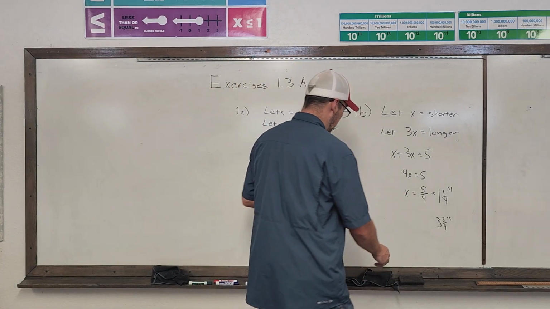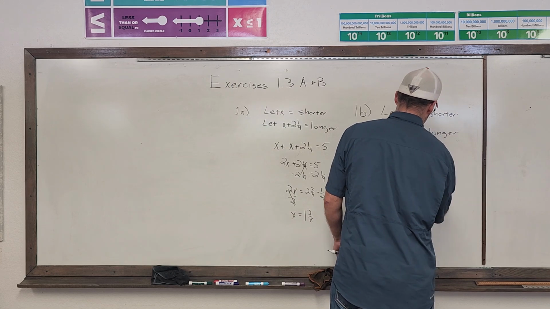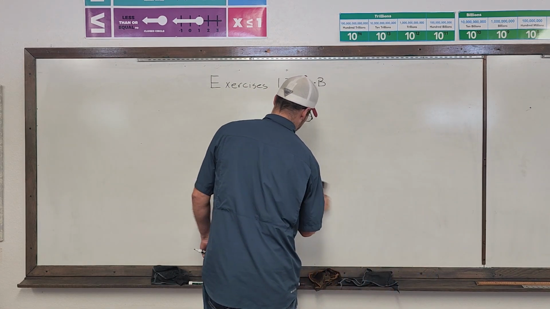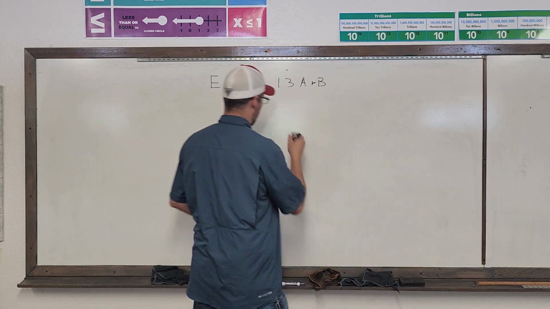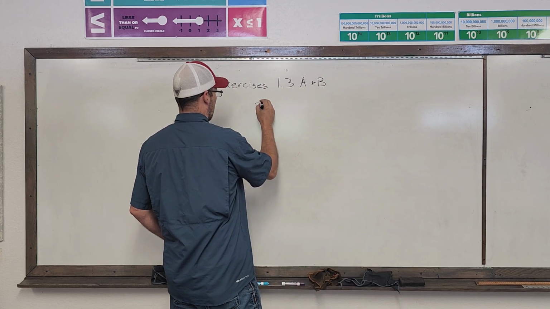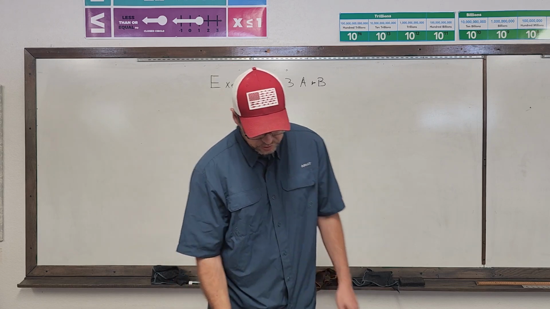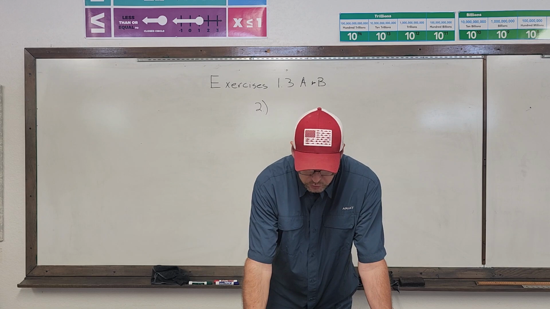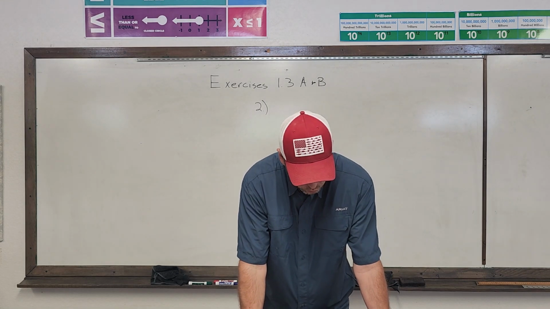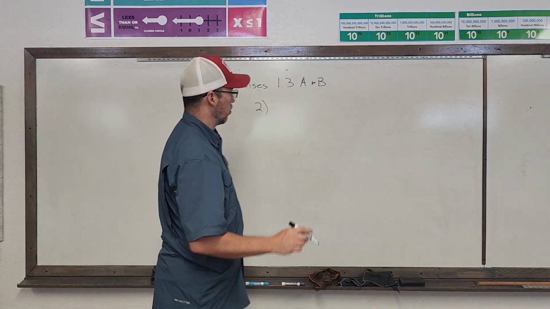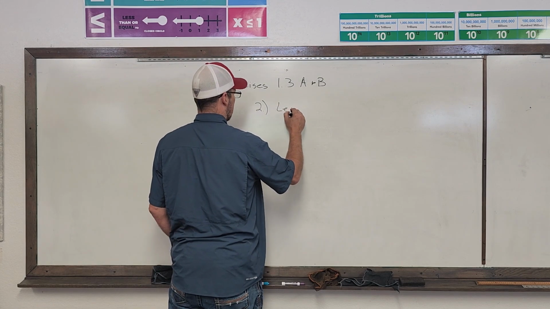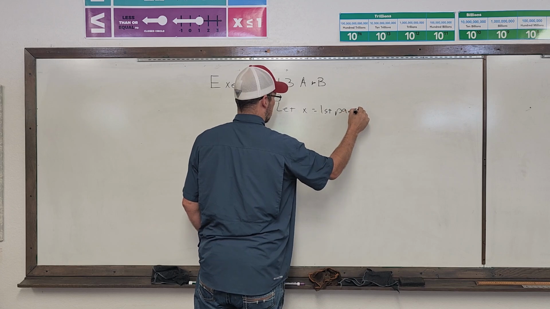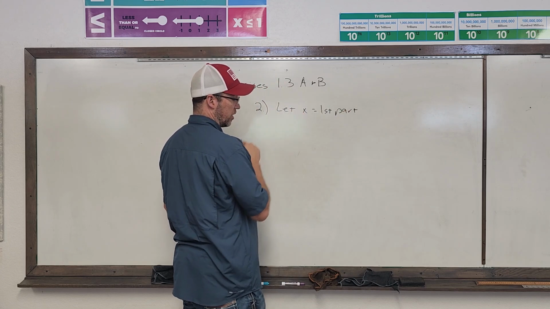Let's look at number 2. Number 2 says divide a 5 1/4 inch line into 3 parts whose ratios are 1, 2, and 3. So I know I'm going to let x equal the first part, which has an understood 1 there.